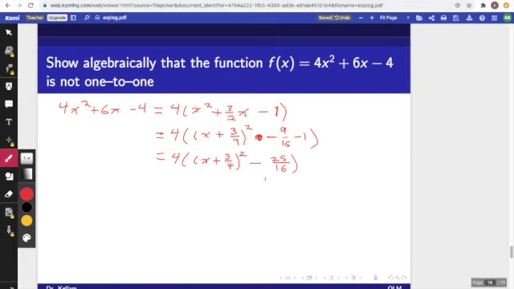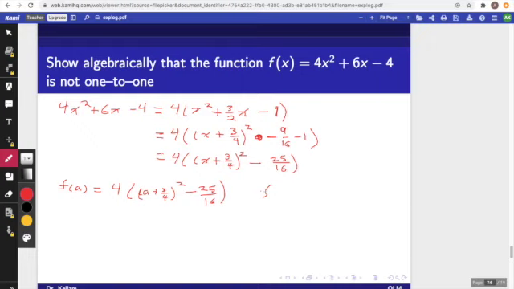Okay. So, since we have this set up like this, we then do f of a, which would be 4(a plus 3/4) squared minus 25/16.